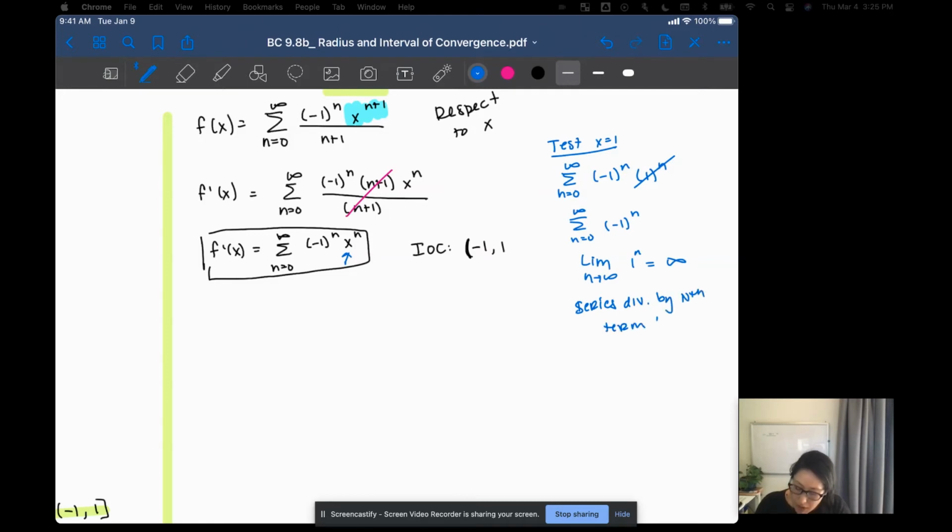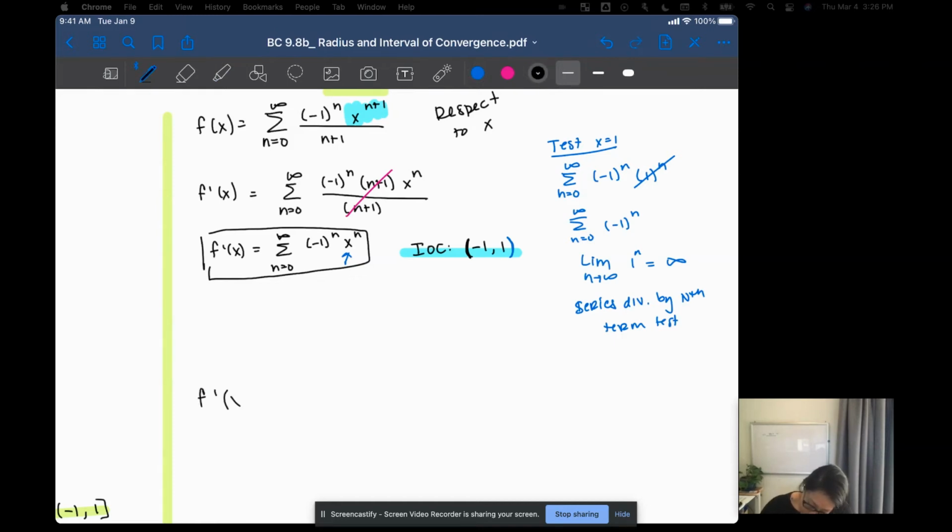Remember, if the first condition of alternating series fails, then you just diverge by nth term test. Okay, so that means that the bracket is going to turn to a parenthesis there. So the interval of convergence for f prime of x is negative 1 to 1 excluded. All right, now we're going to do f double prime.